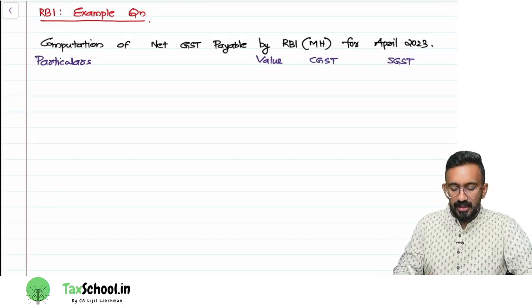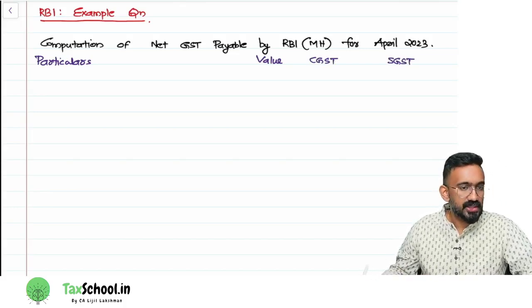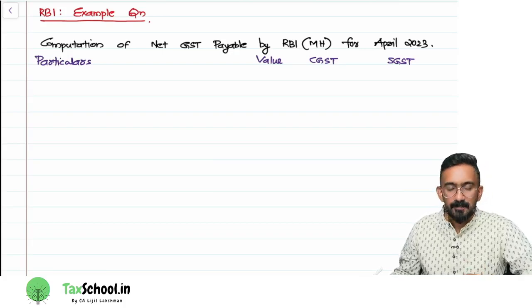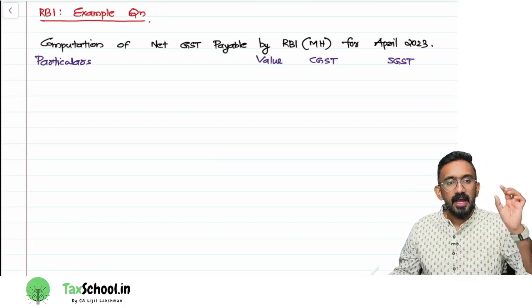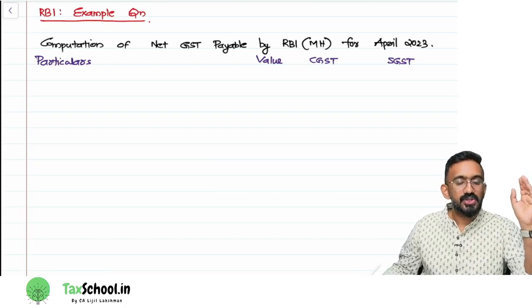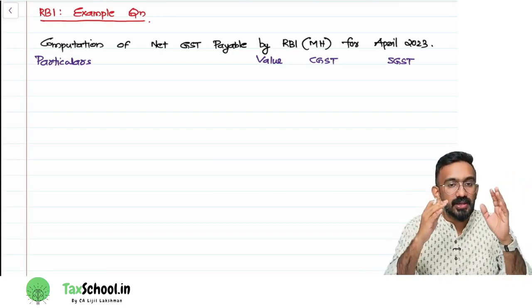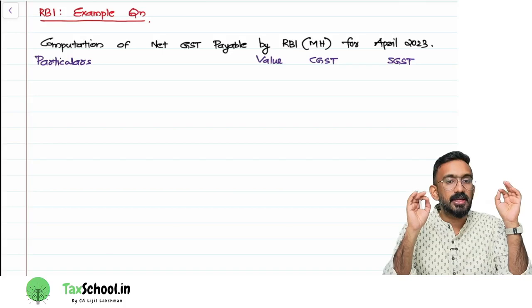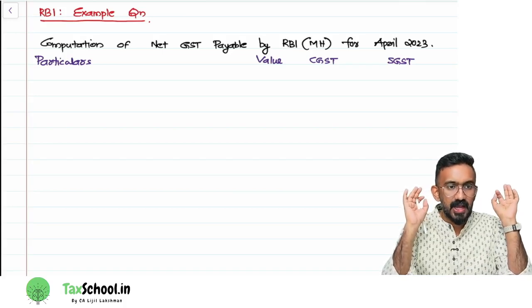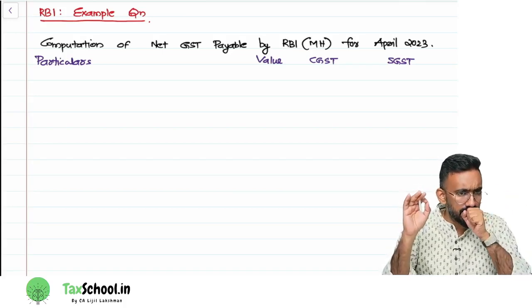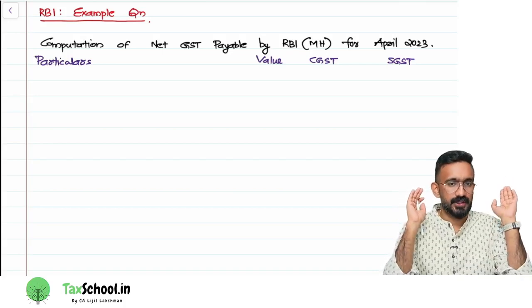I would divide my net GST computation into three segments. What is net GST? In a formula, net GST is nothing but outward tax liability minus input tax credit.